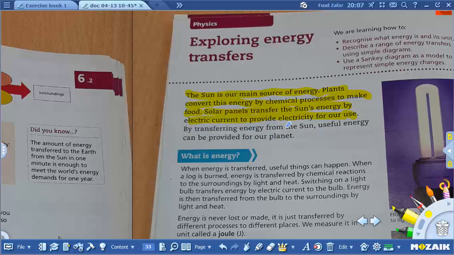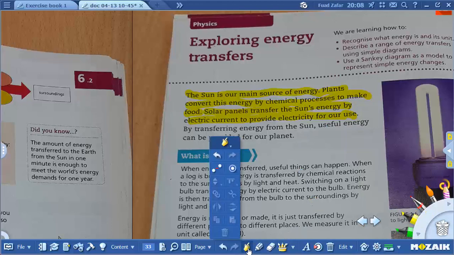By transferring energy from the sun, useful energy can be provided for our planet. So the sun is our main source of energy, and plants convert this energy by a chemical process to make food, and solar panels transfer the sun energy by electric current to provide electricity for our use.